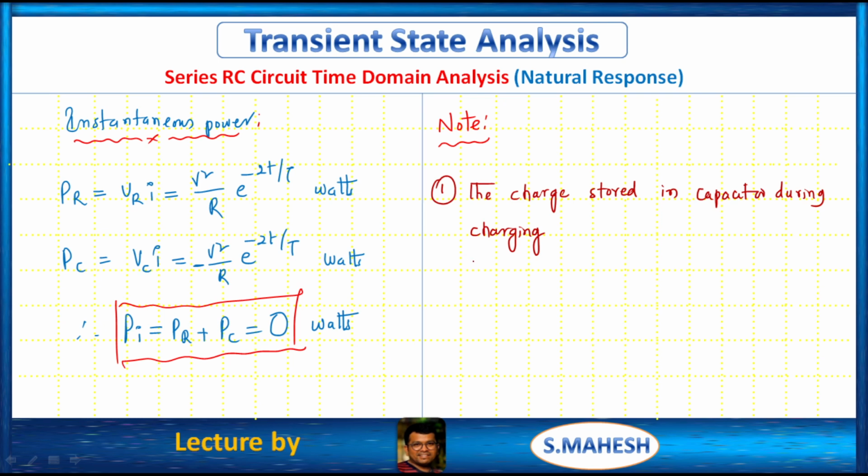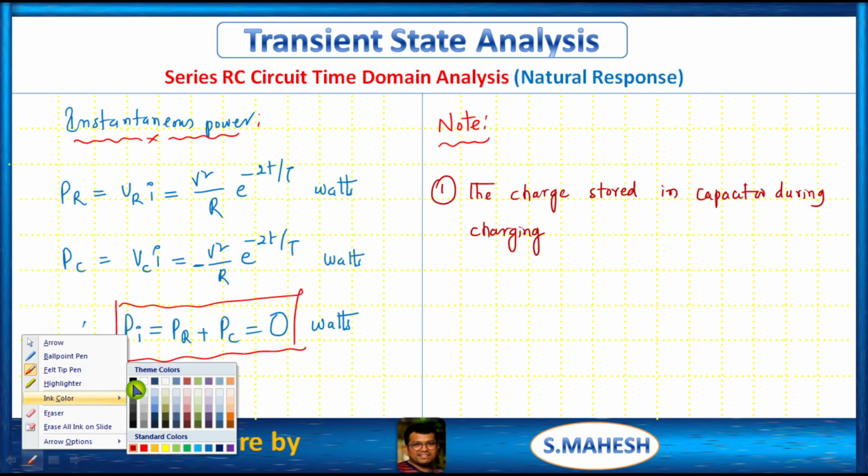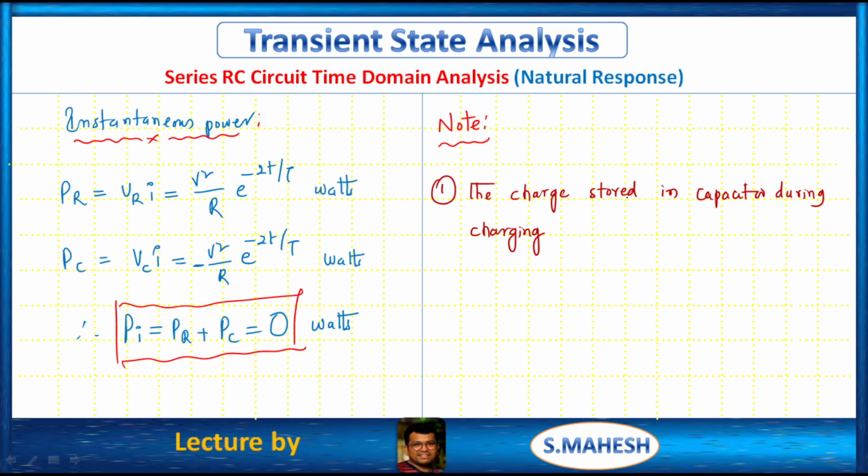We have to write which is equals to Q, which is equals to what? C into Vc, right? Which is equals to C into V into 1 minus e power minus t by tau, right? Which is equals to what? Q is equals to CV is nothing but what? Q only. Q into 1 minus e power minus t by tau coulombs.